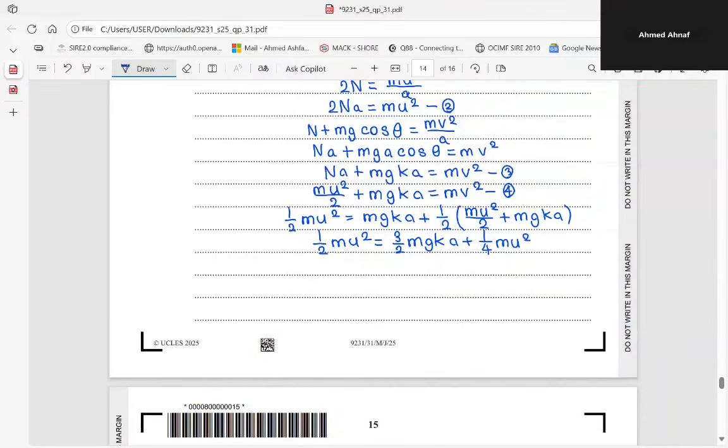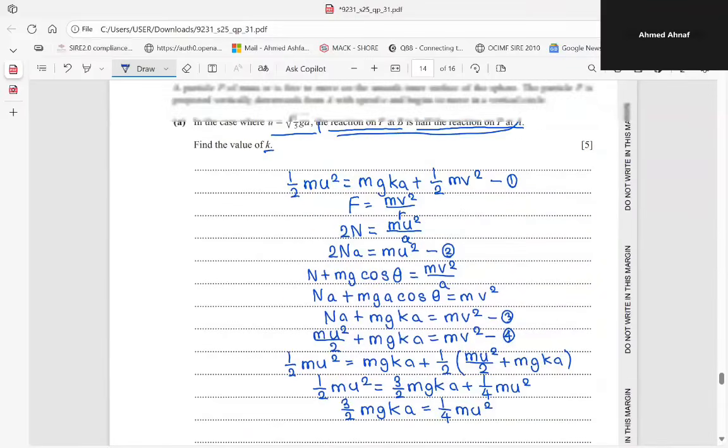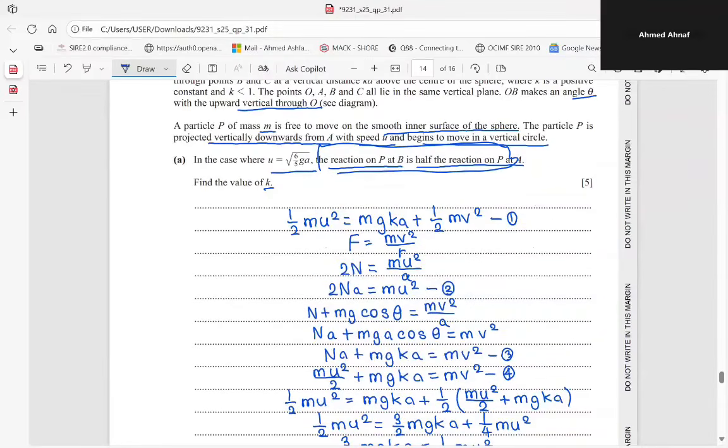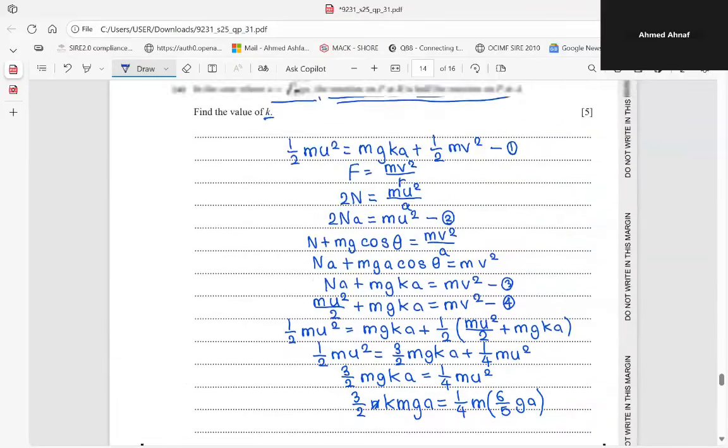Let's make m g k a the subject. 3 over 2 m g k a equals half m u squared minus 1 over 4 m u squared. You'll get 1 over 4 m u squared. Now we're going to substitute u equals square root of 6 over 5 g a. So we get 3 over 2 k m g a equals 1 over 4 times 6 over 5 g a.